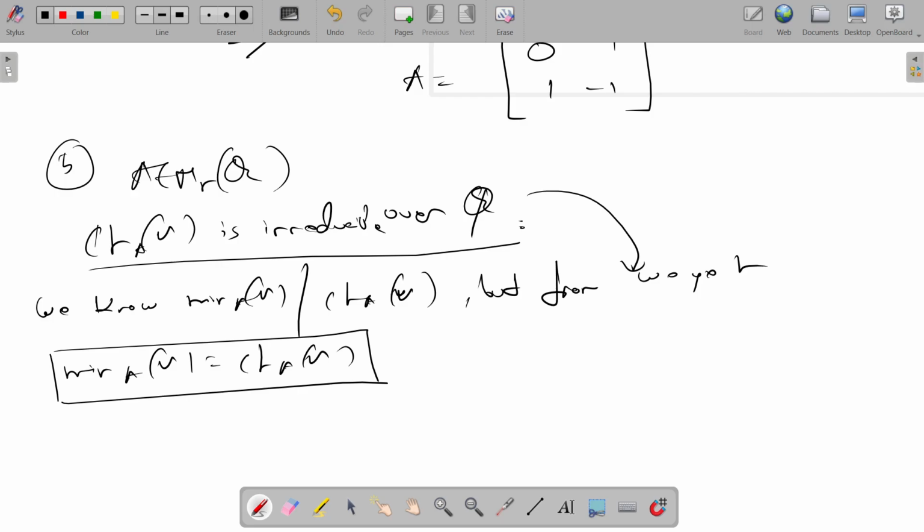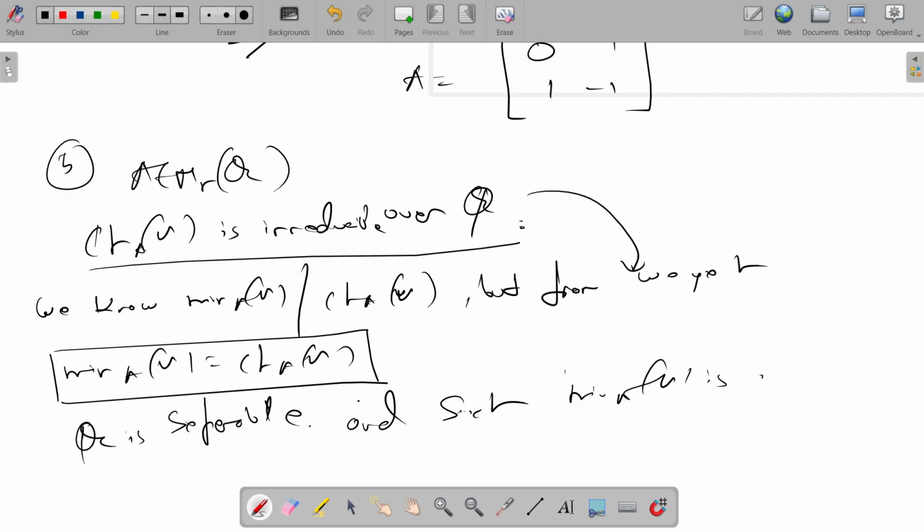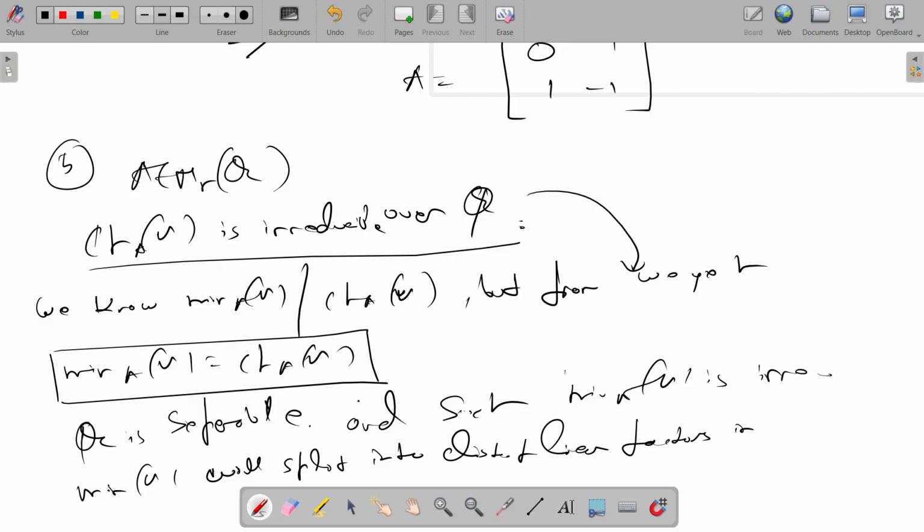This will happen because Q is separable. The characteristic of Q is 0, and any field with characteristic 0 is separable, so an irreducible polynomial will split into distinct linear factors in its splitting field.